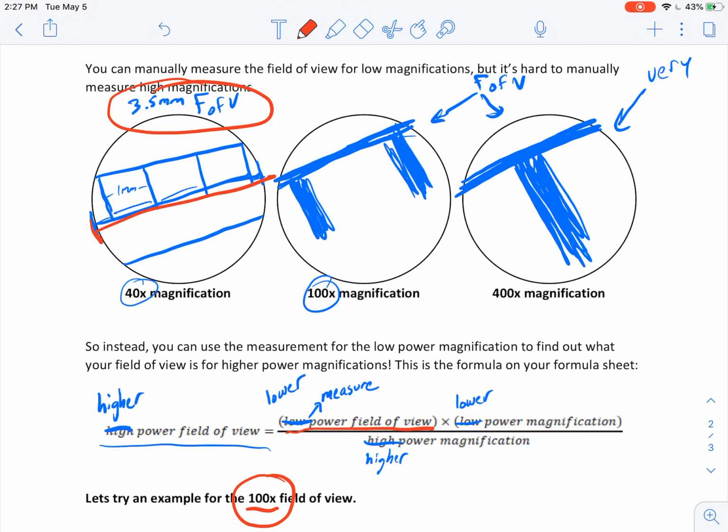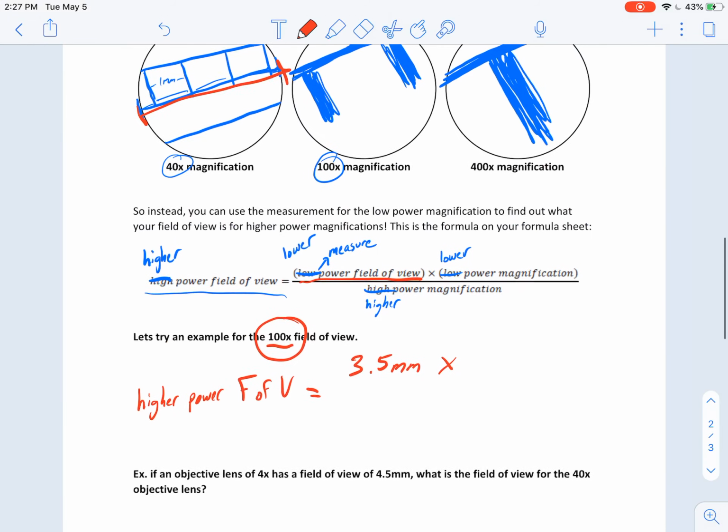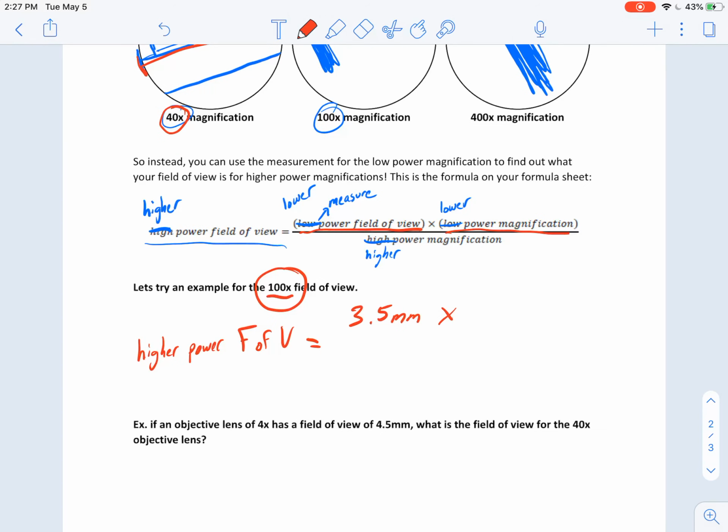We measured the low power field of view as 3.5 millimeters, times our lower power magnification, which is 40, then divided by the higher power magnification, which is the 100. If I multiply 3.5 times 40 divided by 100, I get 1.4 millimeters.